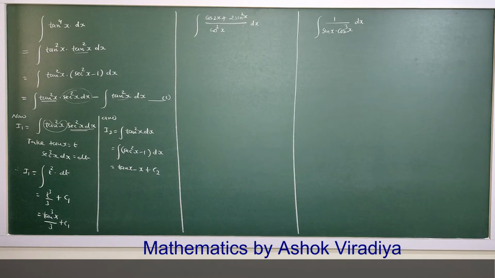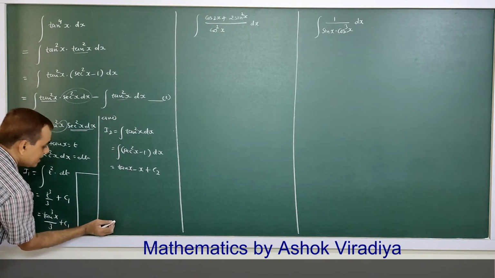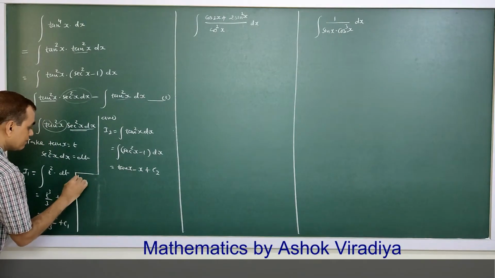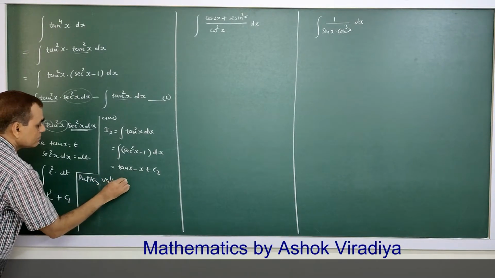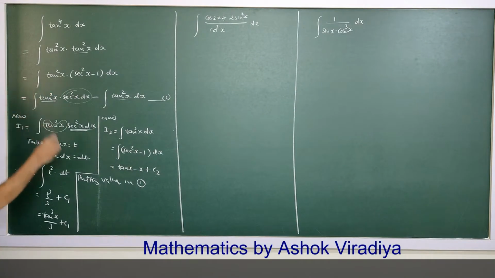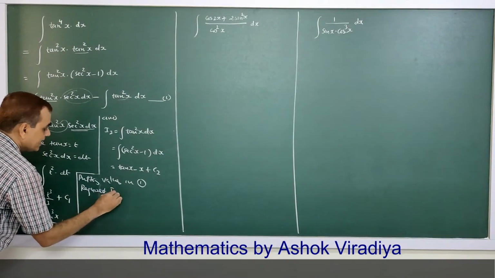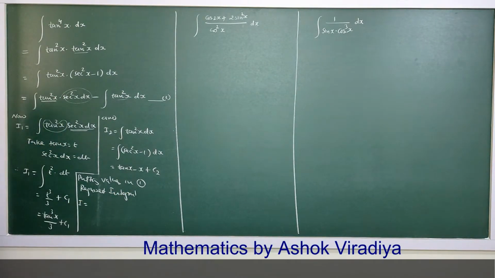So now values of I1 and I2 we are putting in equation 1. So putting values in 1, required integral I is equal to, this was I1.